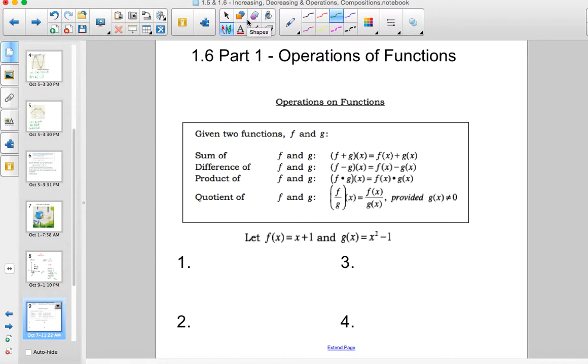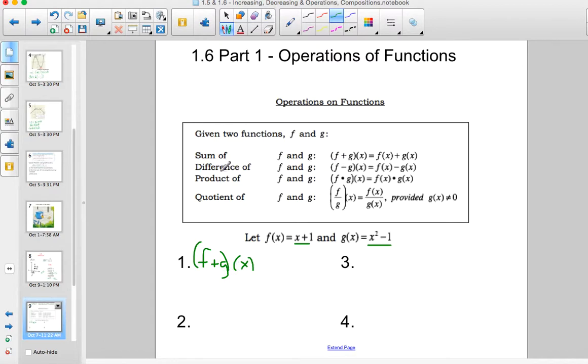It's before next class. So if I said f plus g of x, that's kind of what I would want to do. So the first one is going to be f plus g of x, right? And all that's saying is, since it's the entire f of x plus the entire g of x, literally just add these two together. So you probably put these in parentheses too.